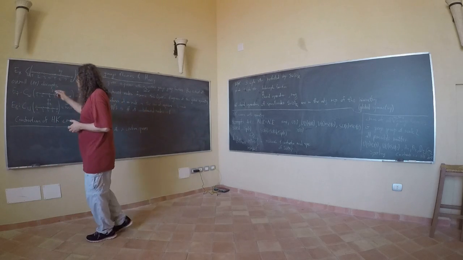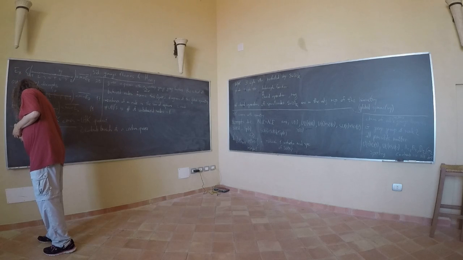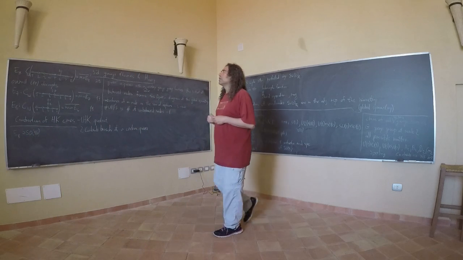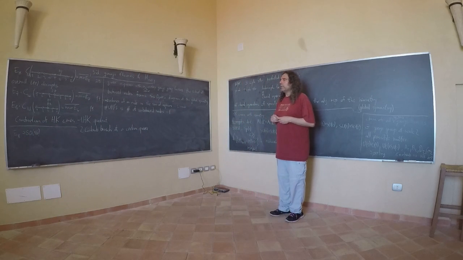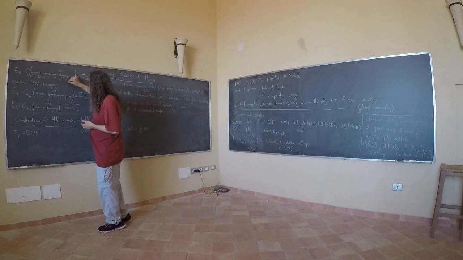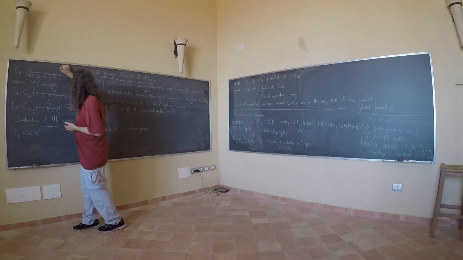Let's take the E8 quiver and take a maximal subgroup, SO(16), like this. I can see this maximal subgroup over here, it's this part of the quiver.